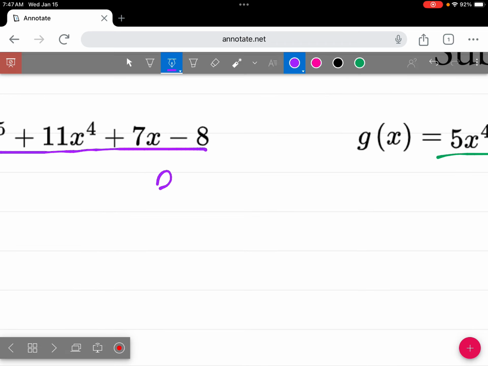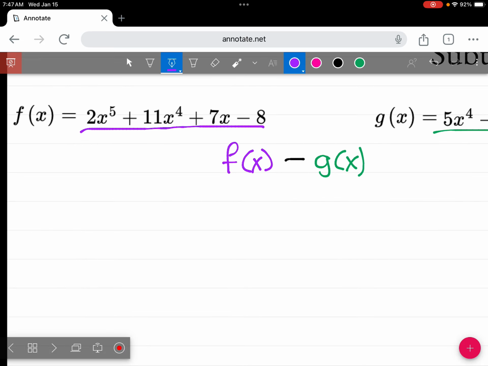And we want to take our f of x and we're going to subtract g of x. So when we substitute our pieces in, whichever thing we're subtracting needs to be in parentheses because we're going to have to distribute that minus sign. So we have our 2x to the 5th plus 11x to the 4th plus 7x minus 8.